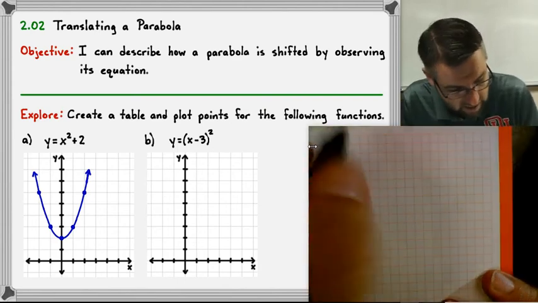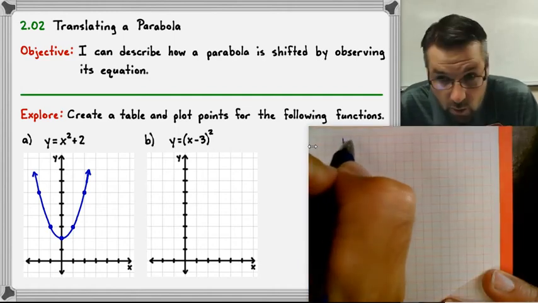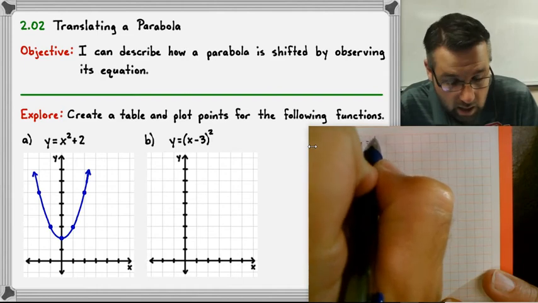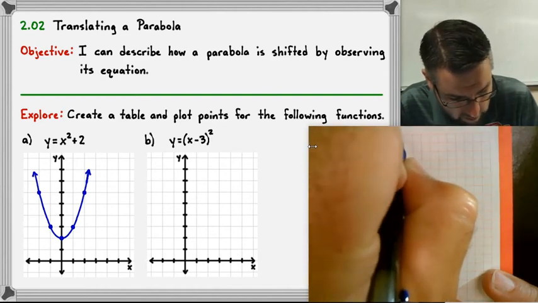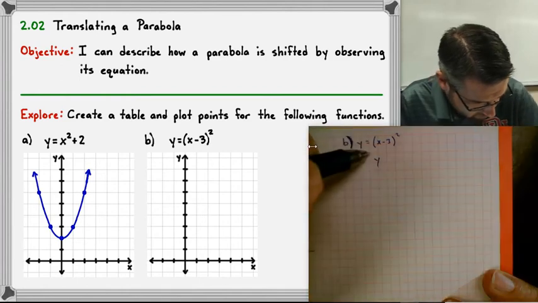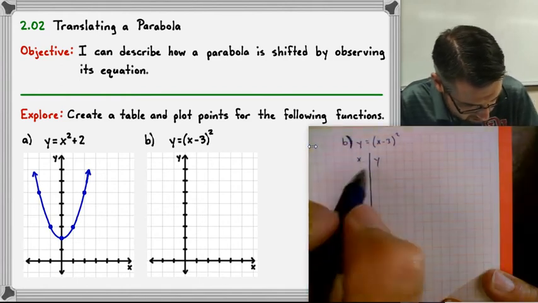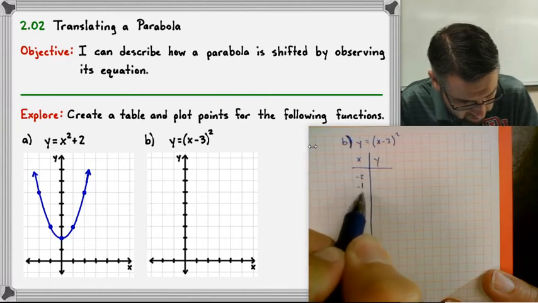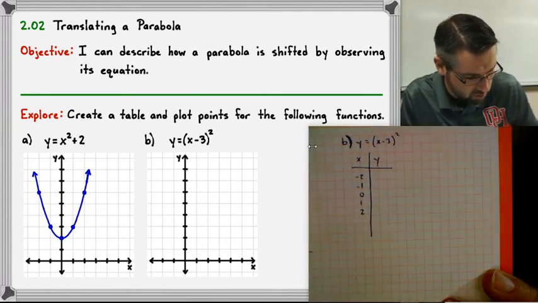Okay, for B, our equation says y equals (x minus 3) squared. And so when we create our xy table, it might be a good idea to plug in those same numbers again. So -2, -1, 0, 1, 2, and so on.